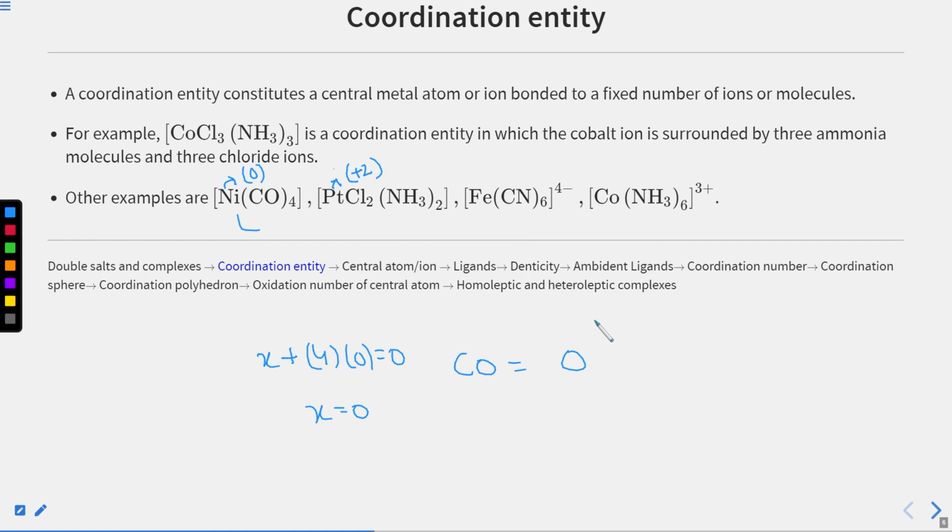Next is [Fe(CN)6] whole 4 minus. Let the charge on iron be X, 6 CN, so 6 into -1, and that has an overall charge of 4 minus, or sorry, -4. Now if you write -4 plus 6, that would give +2.